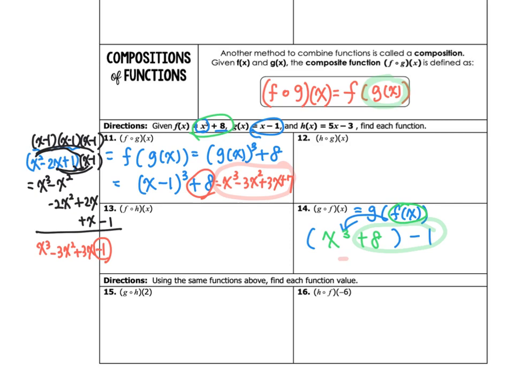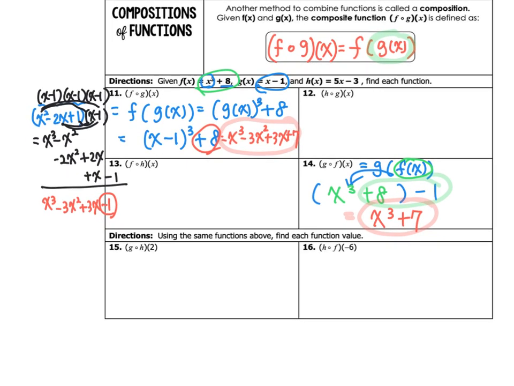So the final answer is x cubed plus 7. Ta-da! We got it. And how do we do it when they give you the number value? Yes, we can just plug the numbers into each function, then we can figure out the final answer. That will be the easy way to do it.